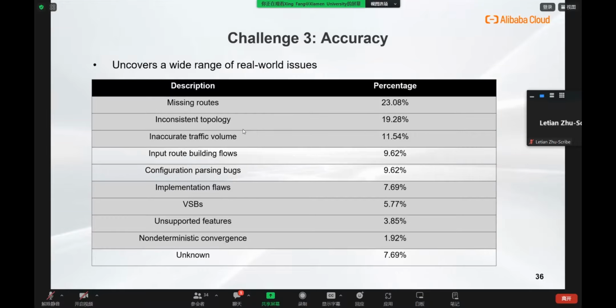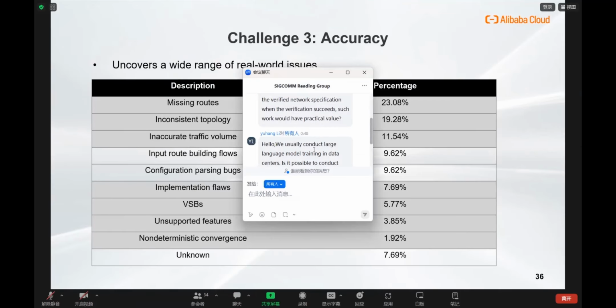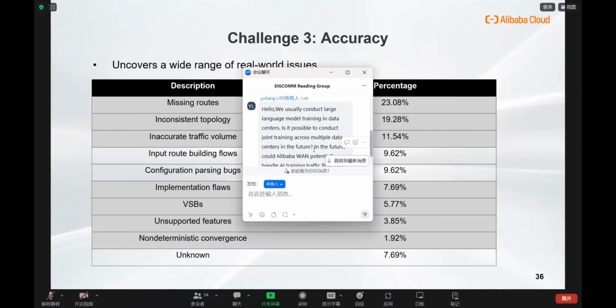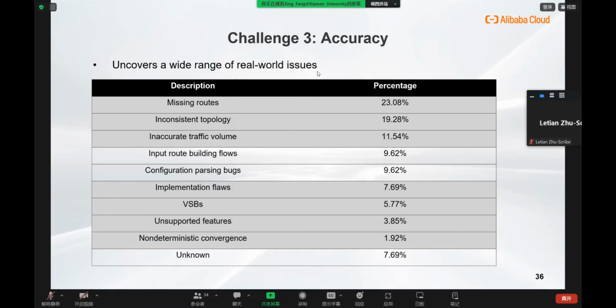A question from Zhang Yongheng. He asked, do you think that if a tool can further explain why a certain configuration field or line satisfies the verified network specification, when the verification succeeds, such work will have practical value?